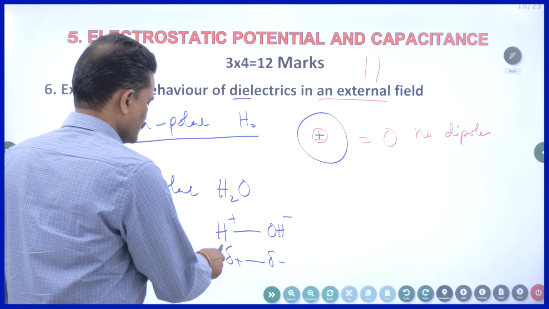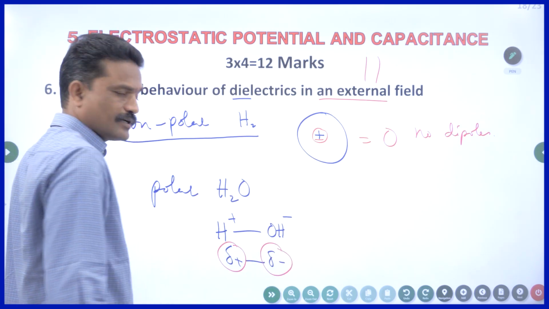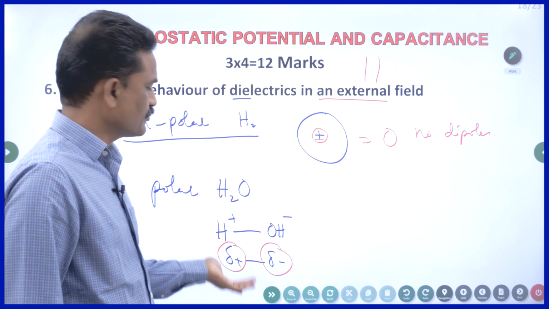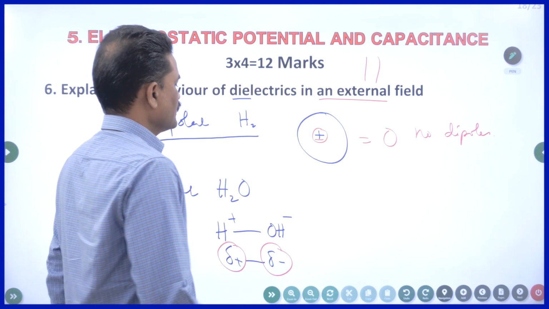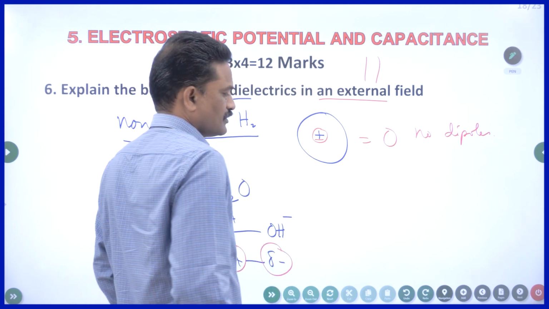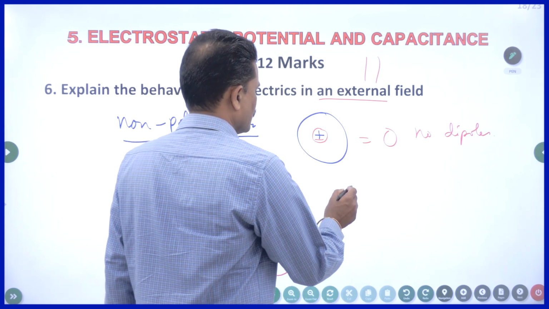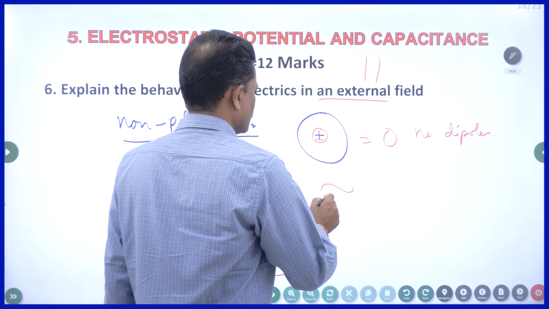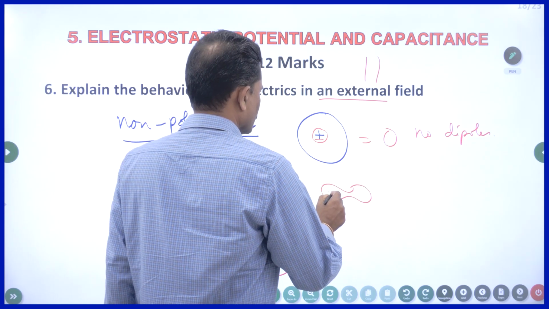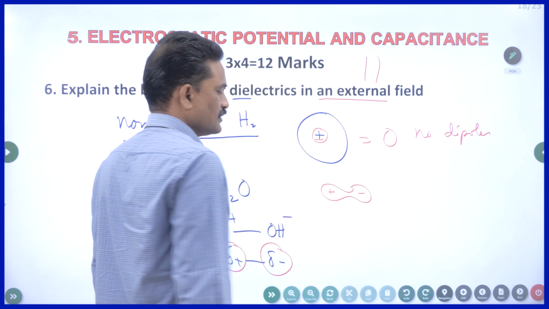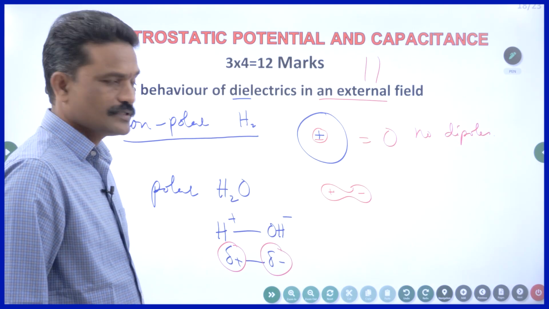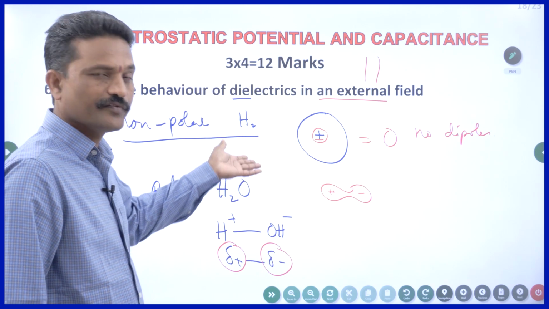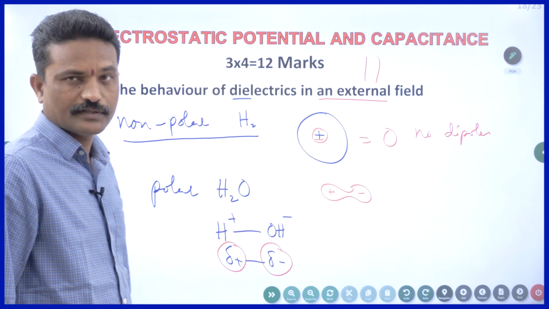So there is a dipole. Positive and negative equal charges are separated by a certain distance. Right. In polar dielectrics, atoms are having natural dipoles. Little positive charge and little negative charge. Is this clear? Now, what happens to them when they are placed in the external field?